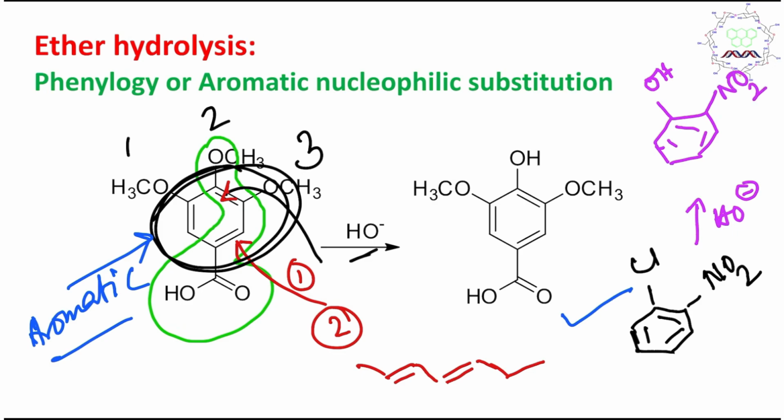If you look at this system a little carefully, this part is also a vinyl-type system. Why am I saying only one double bond, students? Vinylogous. So in this way you can compare, meaning aromatic nucleophilic substitution in the ortho and para positions is also similar to a vinylogous system. So the same concept could be utilized to explain both phenomena.